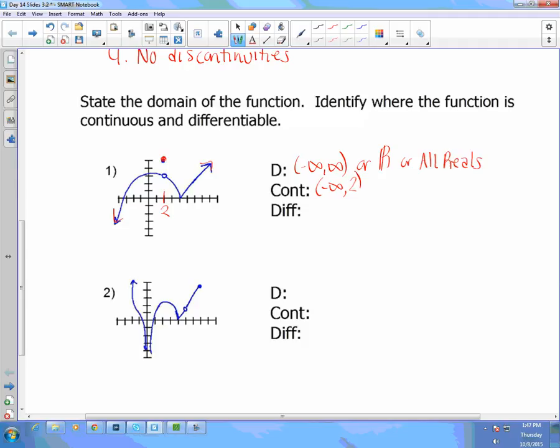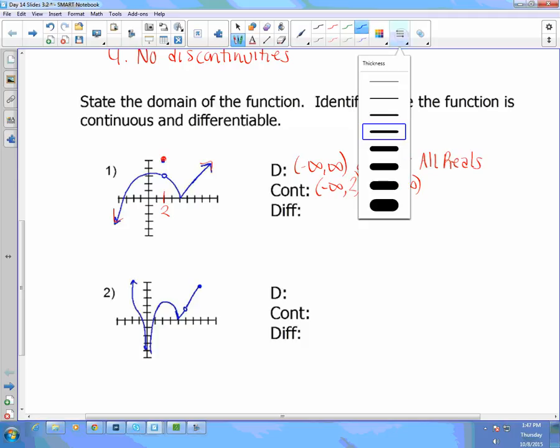Parenthesis, because it's not continuous at 2. Then we have another section that's continuous starting at which x value? 2. What should I put on the 2? Parenthesis, 2, infinity.